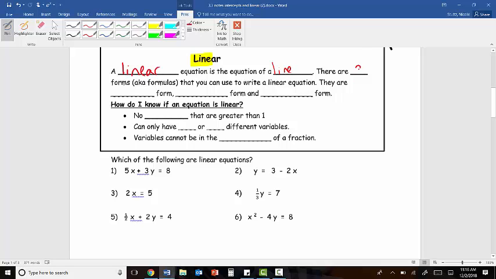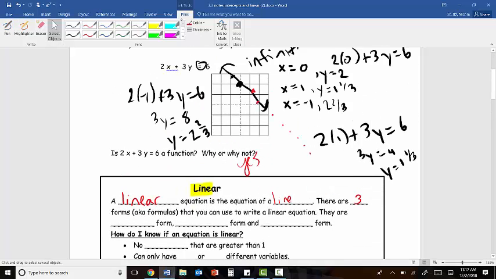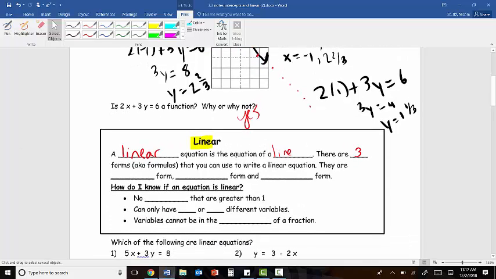Now there are 3 forms that you can use to write an equation. Before, I gave you this linear equation and you had to graph it. We will be going backwards, where I give you the graph and you come up with the equation. There are 3 formulas you can present your answers in. The first one is standard.